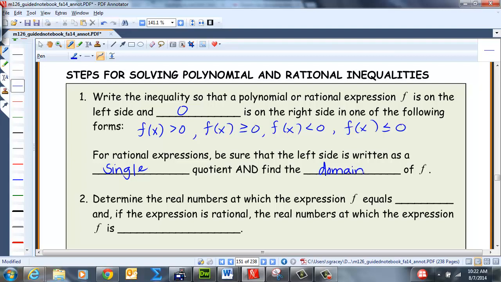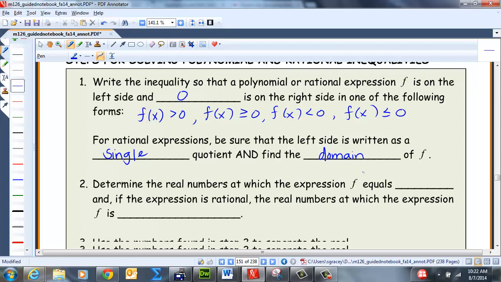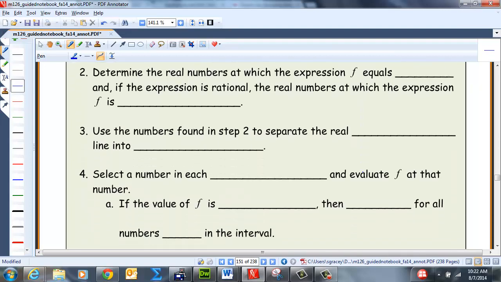At the very least, figure out what values you would need to exclude from your solution. Okay, next up, determine the real numbers where your zeros are, and if the expression is rational, the real numbers where f is undefined. So by figuring out the domain, you would have also figured this out.